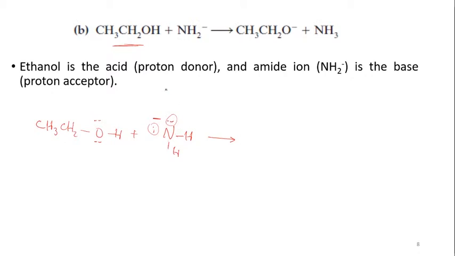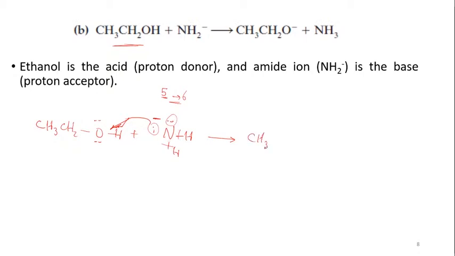But I started with only 5 electrons, and I ended up with 1, 2, 3, 4, 5, 6 electrons. This means I have to write a negative above this nitrogen. What will happen? The transfer will happen from this side to this bond. So the proton will move to the nitrogen.